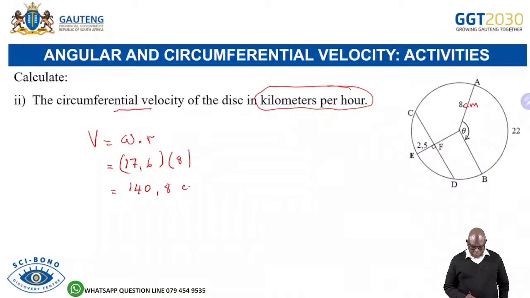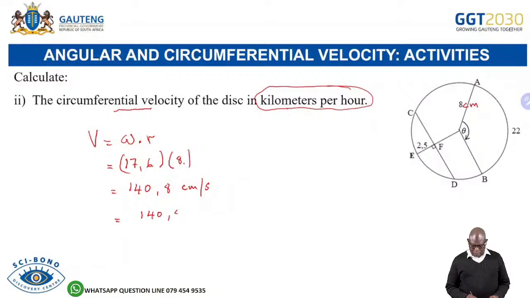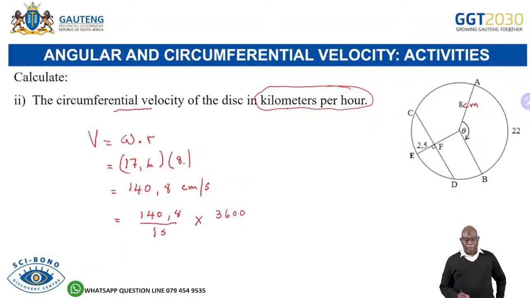I'm just going to write the centimeters per second. Remember, this one is in seconds, that one is centimeters, so it's centimeters per second. Now remember, they want it in kilometers per hour. So what do I do with my answer? I'm going to multiply this 140.8 per second by 3,600, because I want to take it to hours.